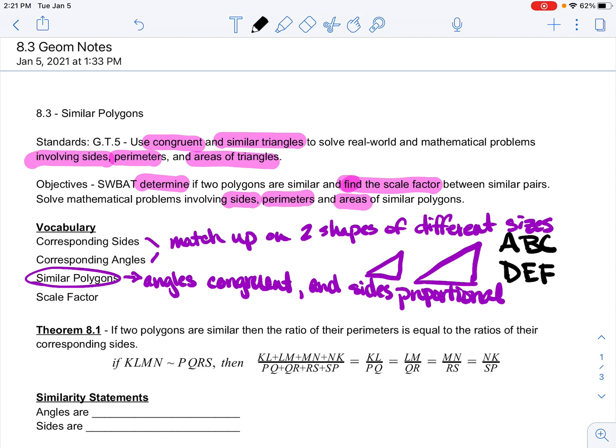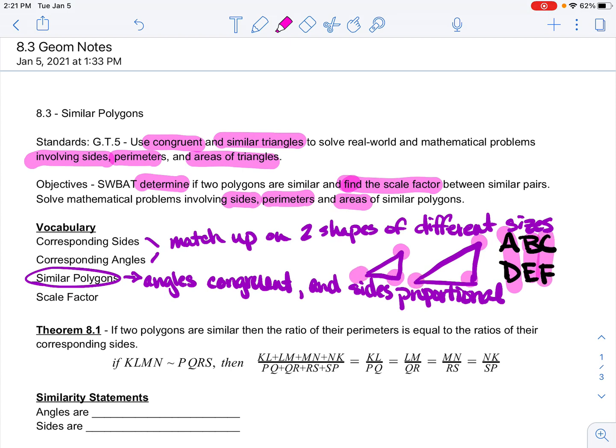Well, if you stack them on top of each other just like this, you can see that A and D match up, B and E match up, and C and F match up.